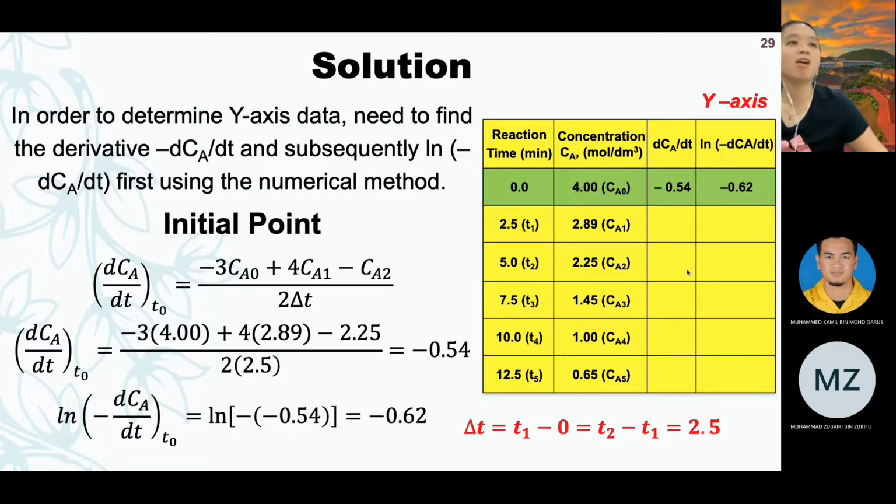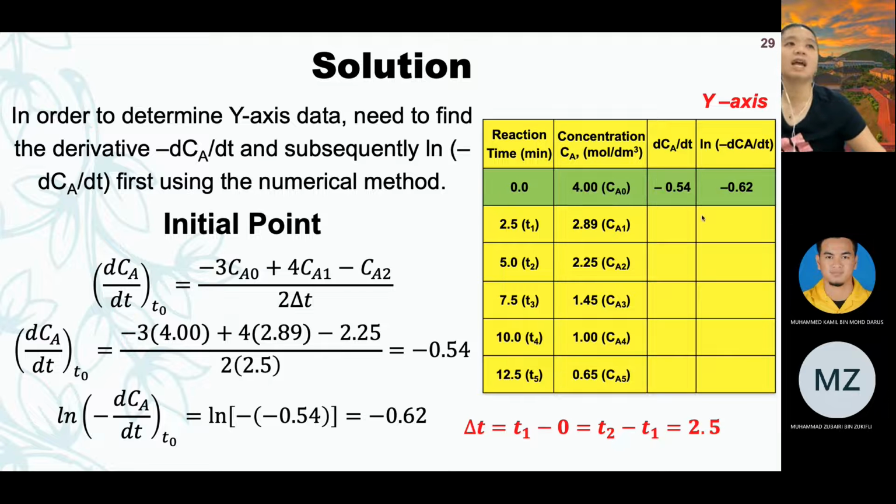Okay, so the very first initial point, nak guna formula dia, ingat je, equals to negative 3, 4, negative 1. So negative 3, take the first concentration, 4 multiply by 4, plus 4 multiply with the second concentration, 2.89, minus third concentration, negative 2.25, divided by 2 delta T, 2 times 2.5.